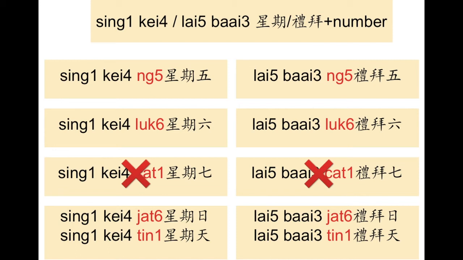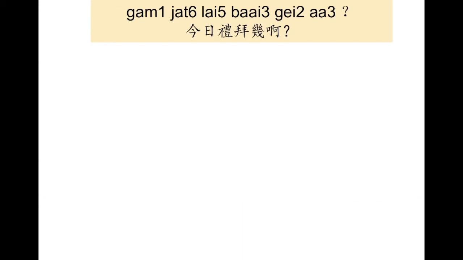Okay, now you already know how to say from Monday to Sunday in Cantonese. You might want to know how to ask, what day is it today? Here is the sentence. 今日禮拜幾啊?